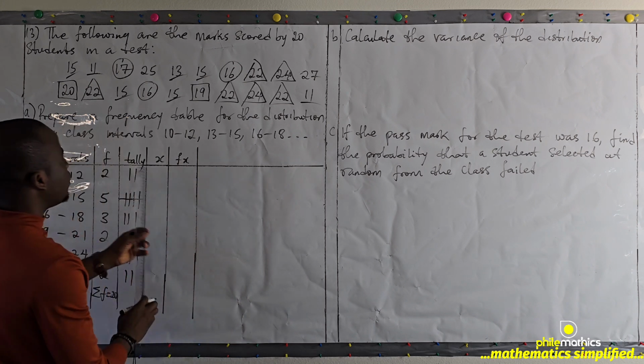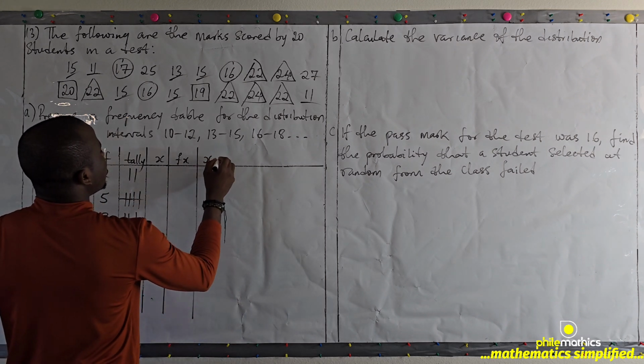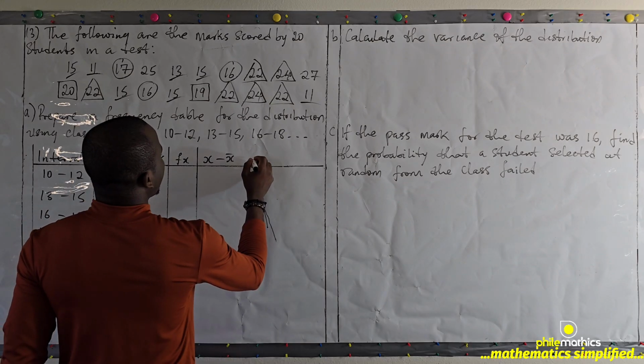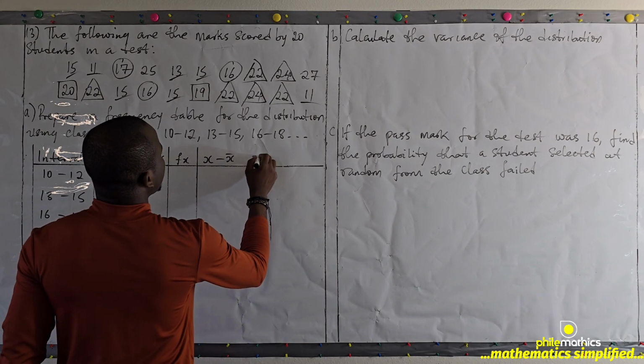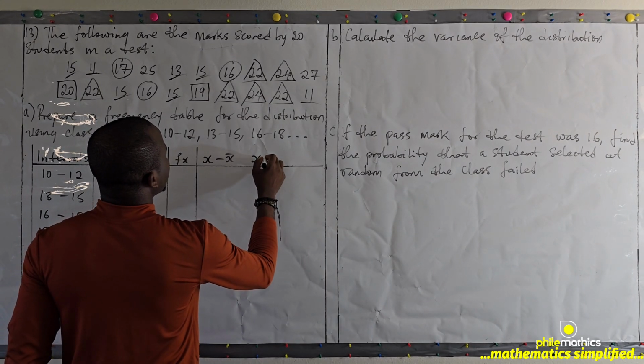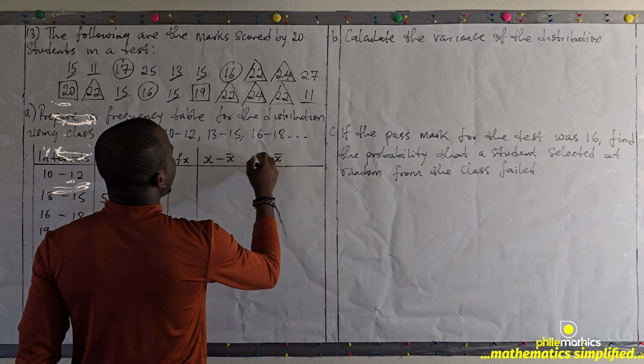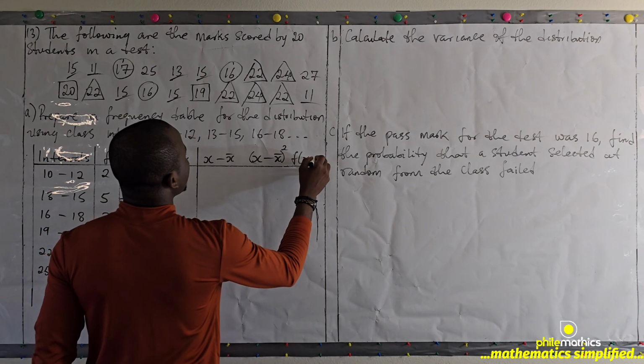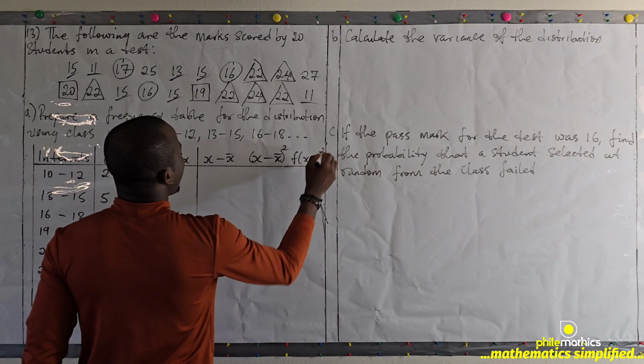And then after this, we'll need the deviation from the mean, and the deviation from the mean square, and finally we'll need f and the deviation from the mean square.